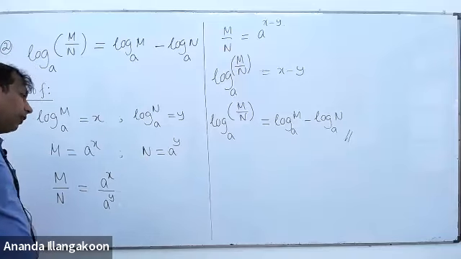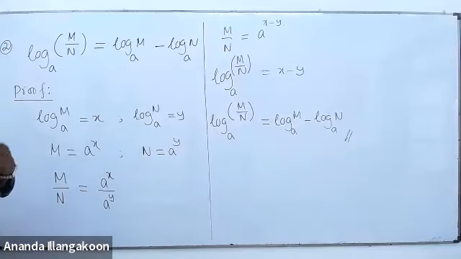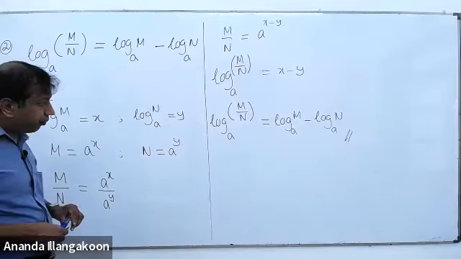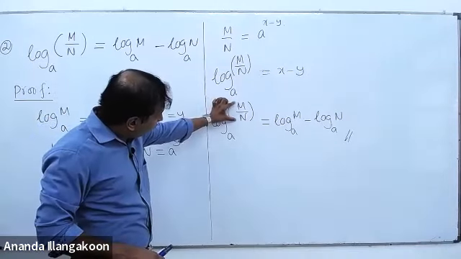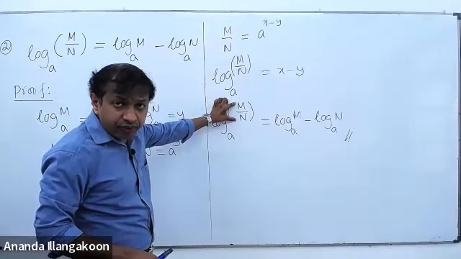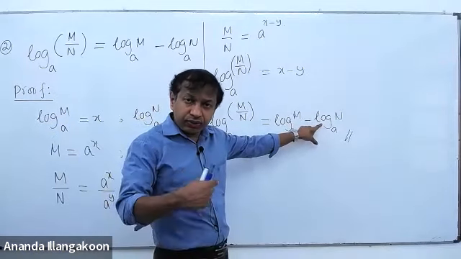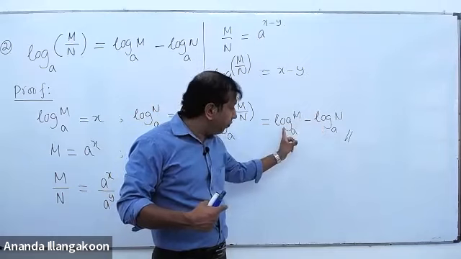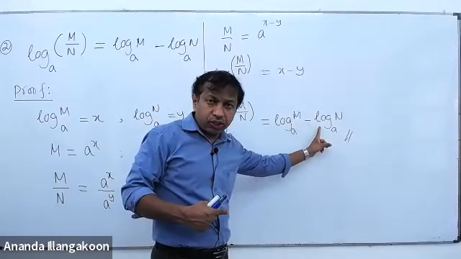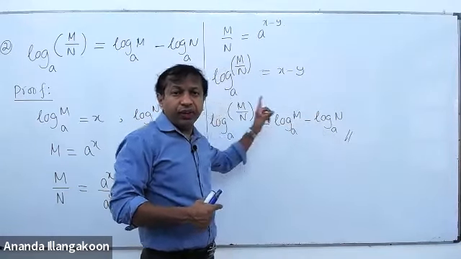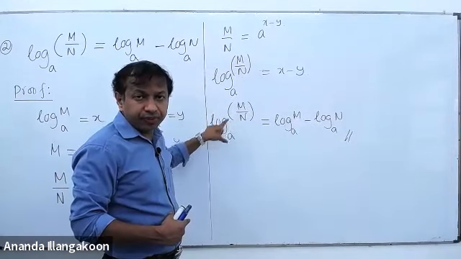Now, here also, people, you should know how to use this. When we have a fraction, a division, you can write that as a difference of two log terms. What is the converse? When we have a difference of two log terms, you can write it as a fraction like this.